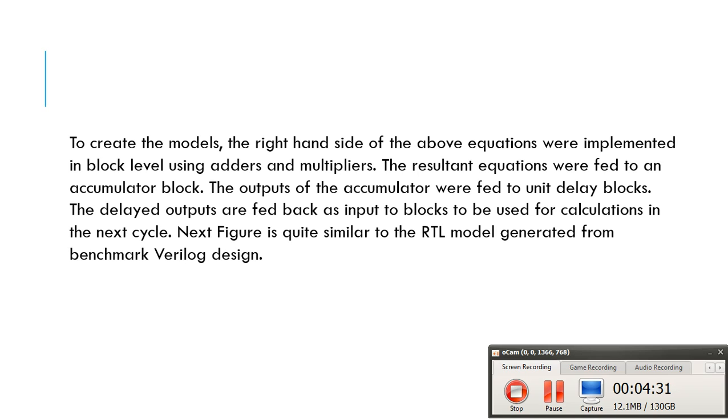To create the model, the right-hand side of the above equations was implemented at the block level using adders and multipliers. The resultant equations were fed to an accumulator block. The output of the accumulator was fed to the unit delay block. The delayed output is fed back as input to the block to be used for calculation in the next cycle.